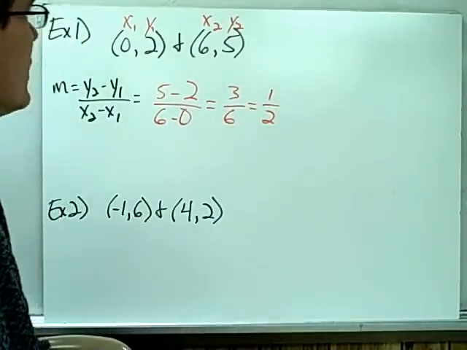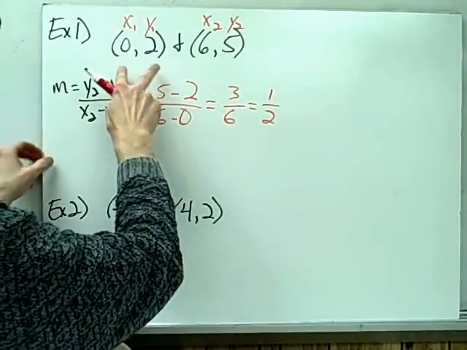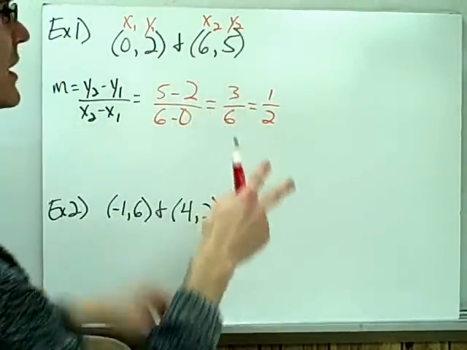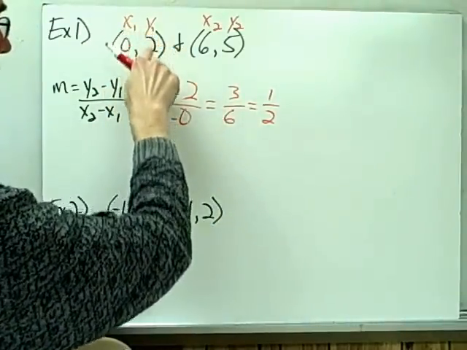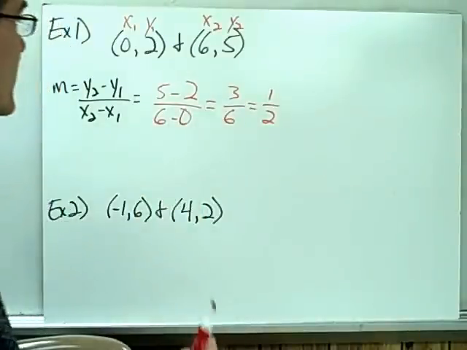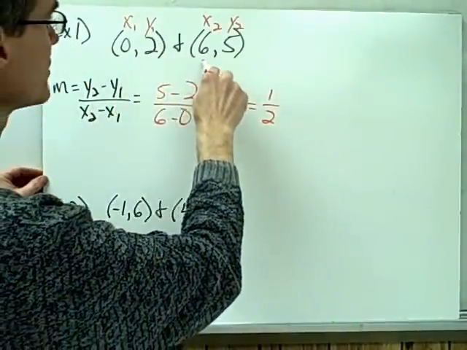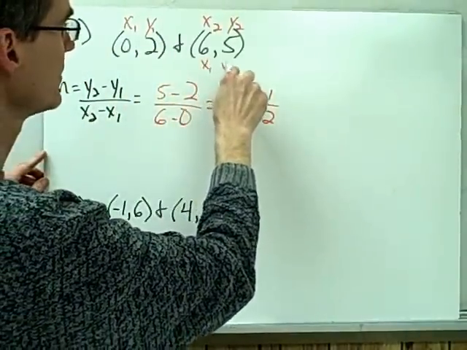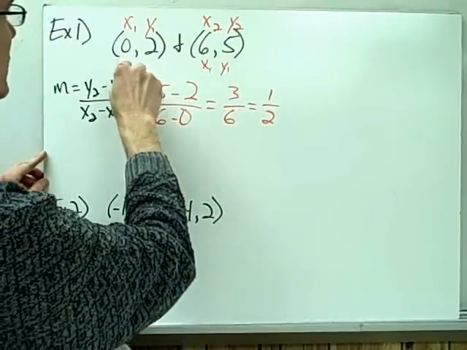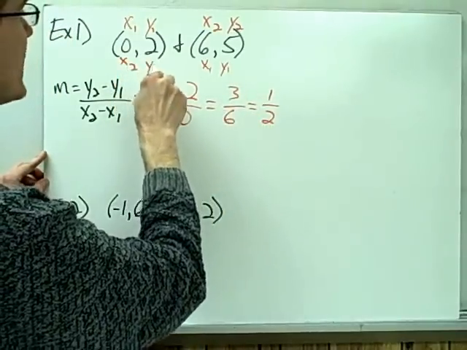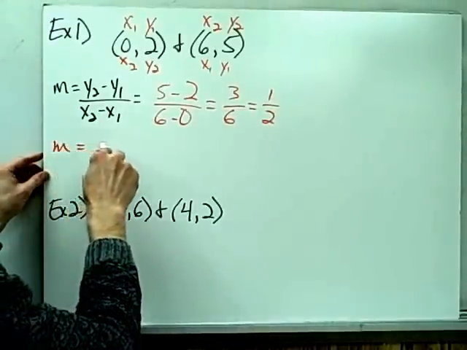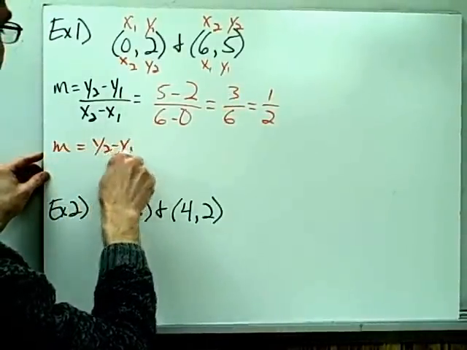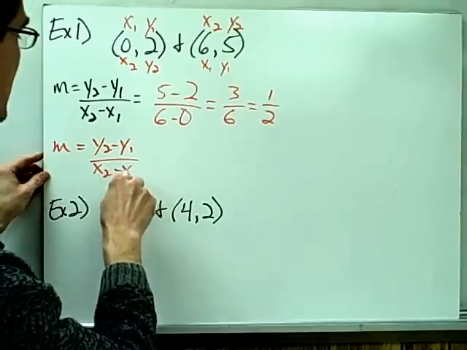Now notice it doesn't matter which way you label these coordinates, as long as your x coordinate is one of your x values and the y coordinate is the corresponding y value. So for example, I could have labeled these points, I could have said, let's label this point x1, y1, and label this x2, y2, and I'm still going to get the same answer. So let's see what that looks like. Slope is y2 minus y1 over x2 minus x1.